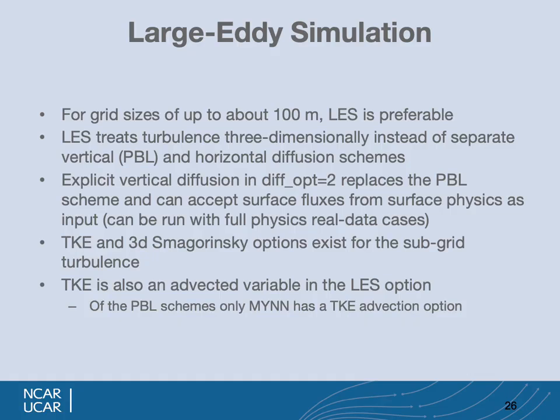Of the PBL schemes, only MYNN has a TKE advection option. So normally with the PBL schemes you have TKE, but it doesn't get advected. But when you're running LES, the TKE does move with the wind as it has its sources and sinks and also advection.